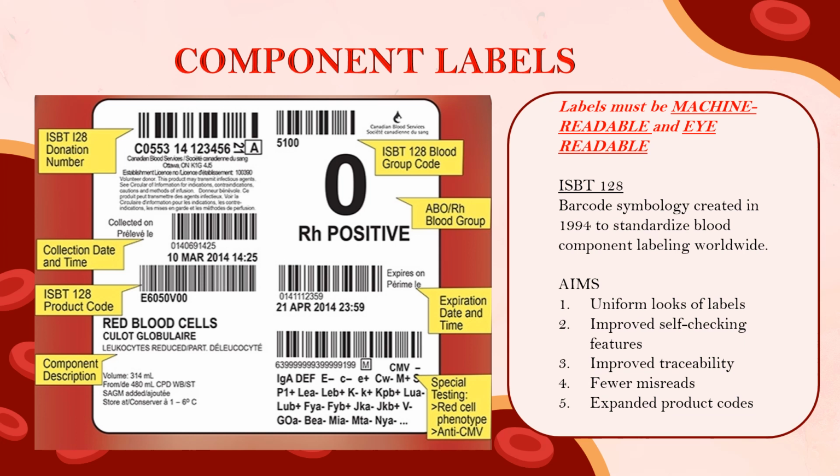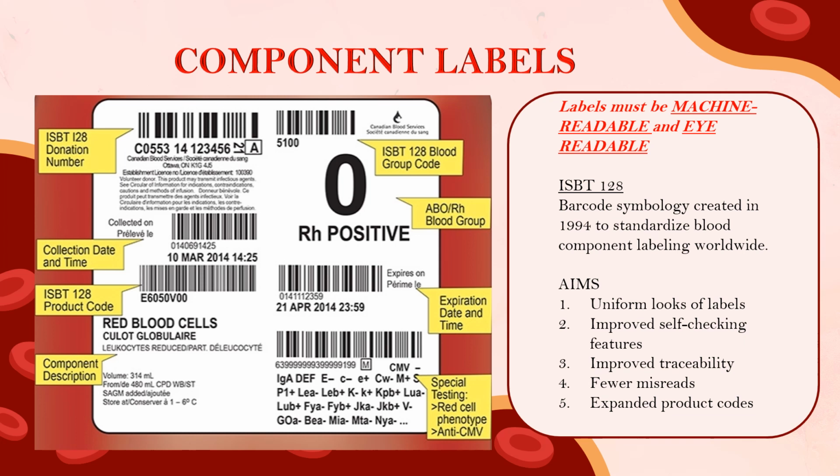As you can notice, class, all the labels are expressed and translated into character text and barcodes. This is because the mandatory standardized rule of the ISBT is that all blood bag labels must be machine readable and eye readable.